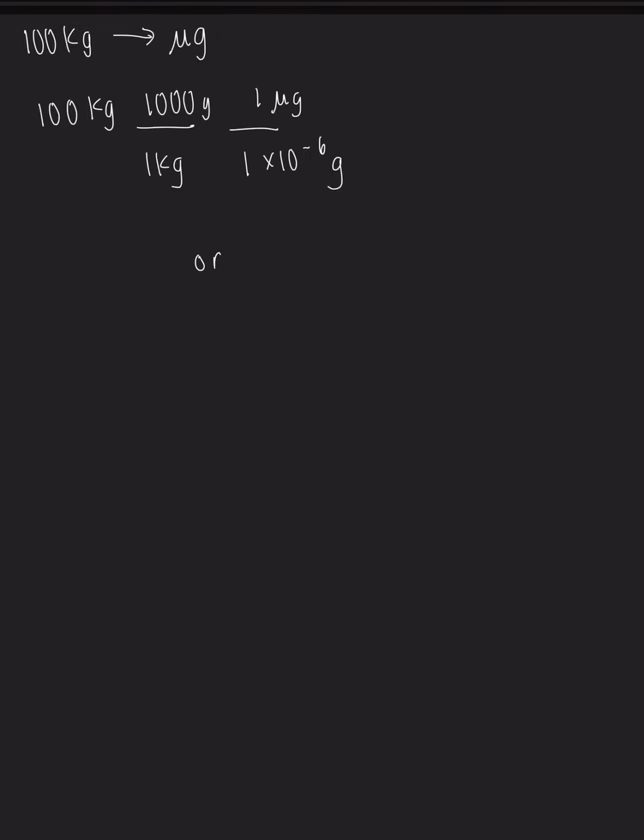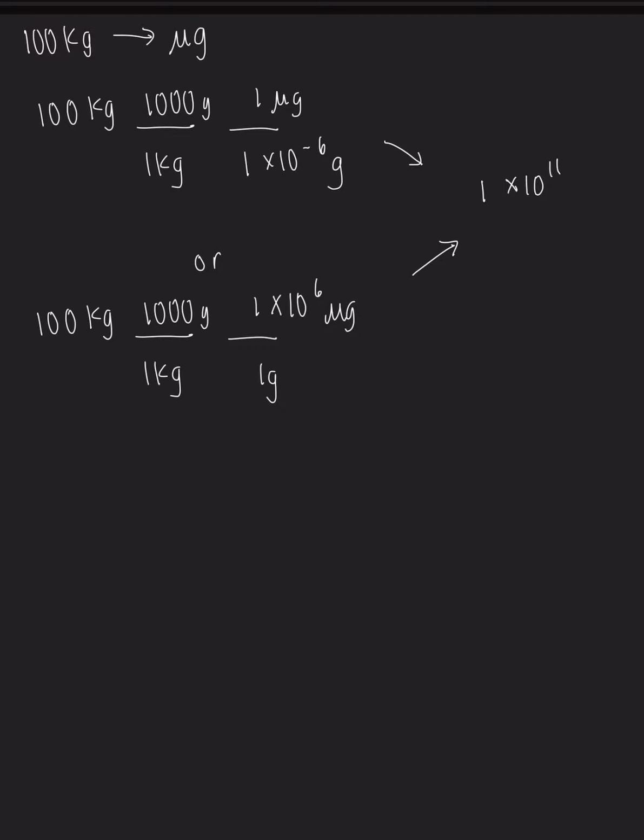Or you can do the same thing on the same side of the coin, and say that in 1 gram there is 1 times 10 to the 6 micrograms. Again, you're going to end up with the same answer, and it's going to end up being 1 times 10 to the 11th, I believe.